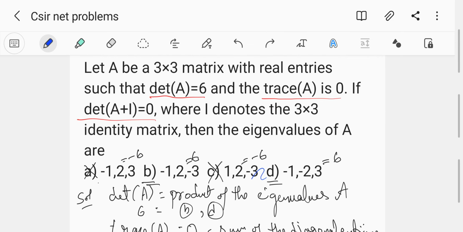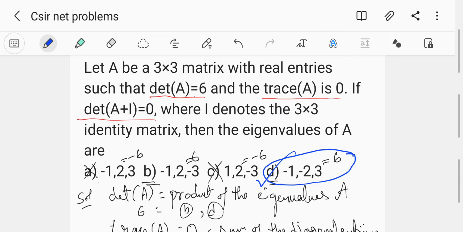By viewing the options, we can make out that option D is the correct answer. Just look at the eigenvalues and check the product of the eigenvalues. If it gives the determinant of A to be 6, then check the next condition, trace, that is the sum of the eigenvalues.